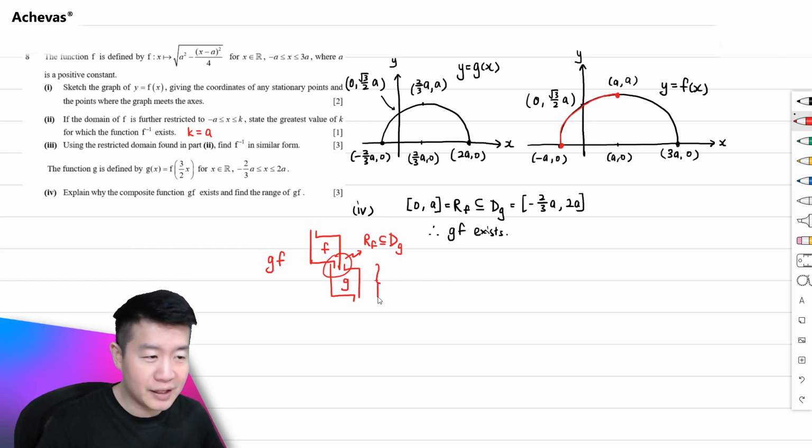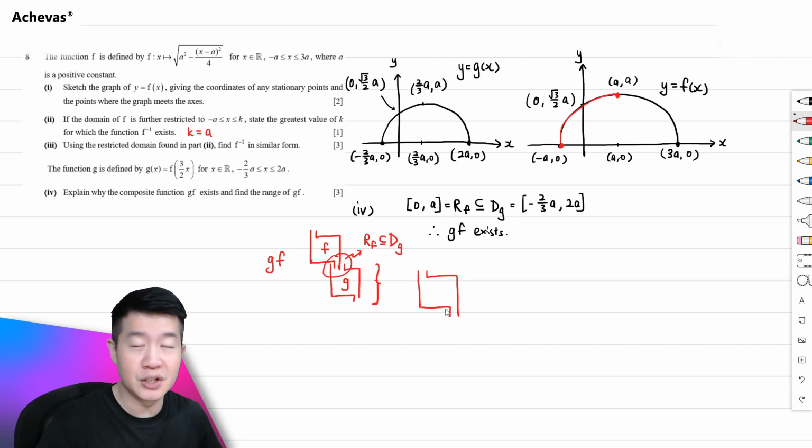I'm going to look at this last function g, using method 2 from the Achevas TV outline to find the range of the function. On the Achevas TV theory outline, I have two methods. The first method is to generate the expression of the entire composite function. The other one is to just look at g.